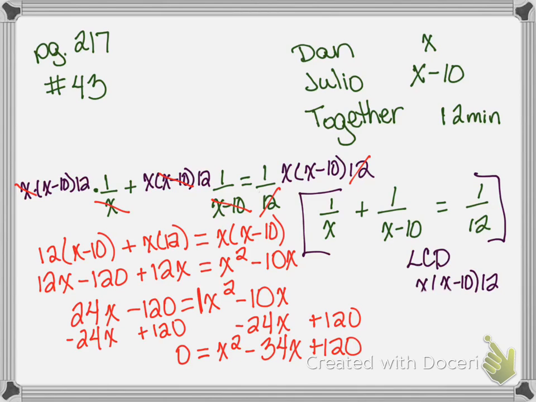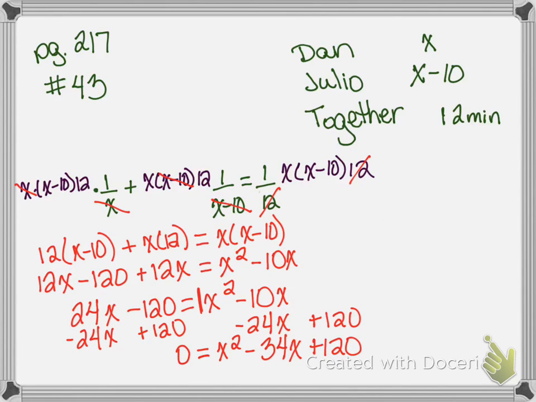And that is what I'm going to factor, but I need to go back over here and erase some stuff. I need a bigger screen. Okay, so now I am solving this problem. So I have 0 equals x squared minus 34x plus 120. 120 is my product, so negative 30 times negative 4 are my two numbers.